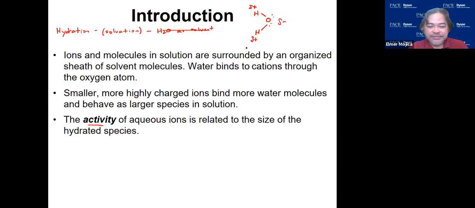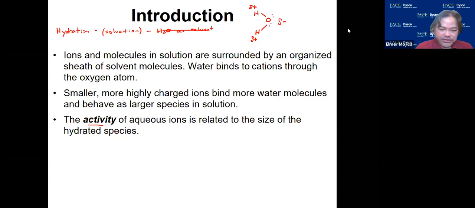Now what happens when we look at the ions and molecules in a given solution? As mentioned here, ions in solutions are surrounded by an organized sheet of solvent molecules. So if we have water, it would bind to cations through the oxygen atom.